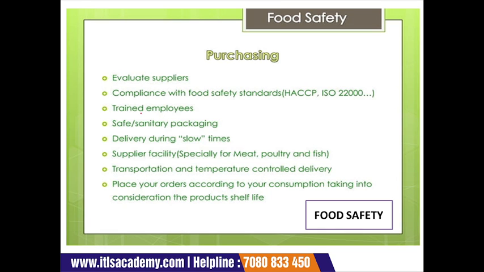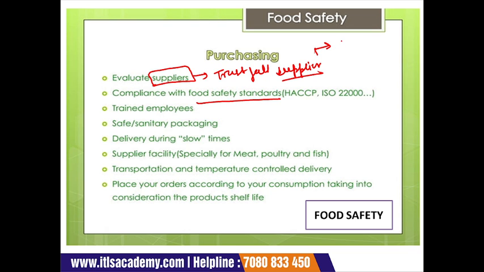So for purchasing, first of all, we have to buy the product from a trustworthy supplier that fulfills compliance with food safety standards. The supplier must have an FSSAI certificate.